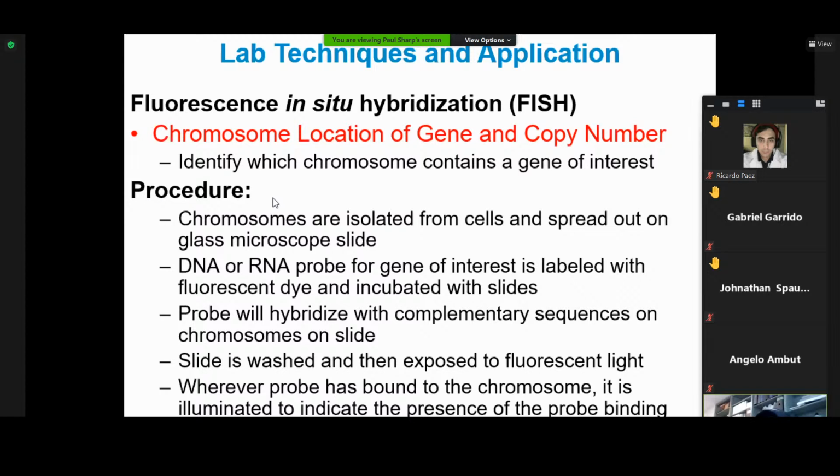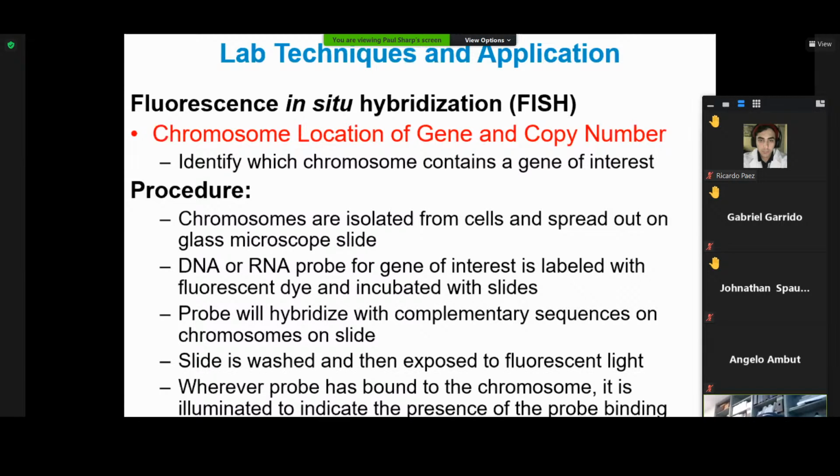So how does this procedure work? With regards to karyotyping, we do karyotyping to make sure that maybe an embryo does not have a particular genetic ailment, like a horrible genetic disease. That could be one reason why we're doing a karyotype. We can also use it for normal diagnostics.